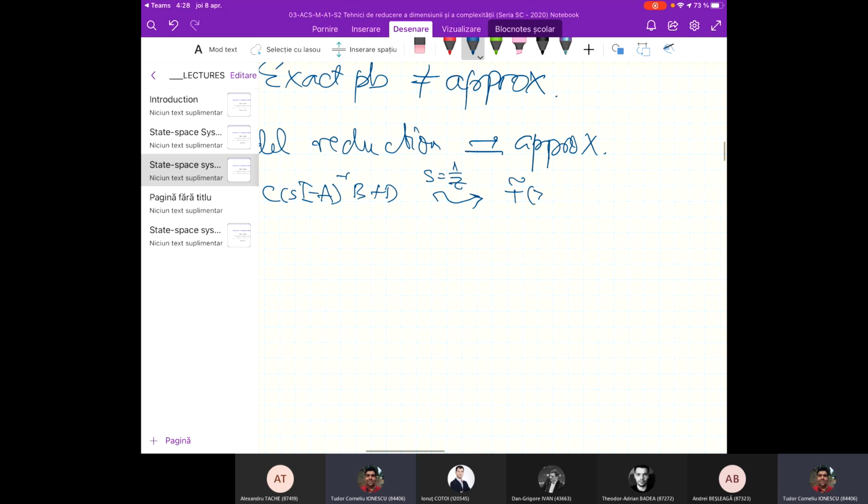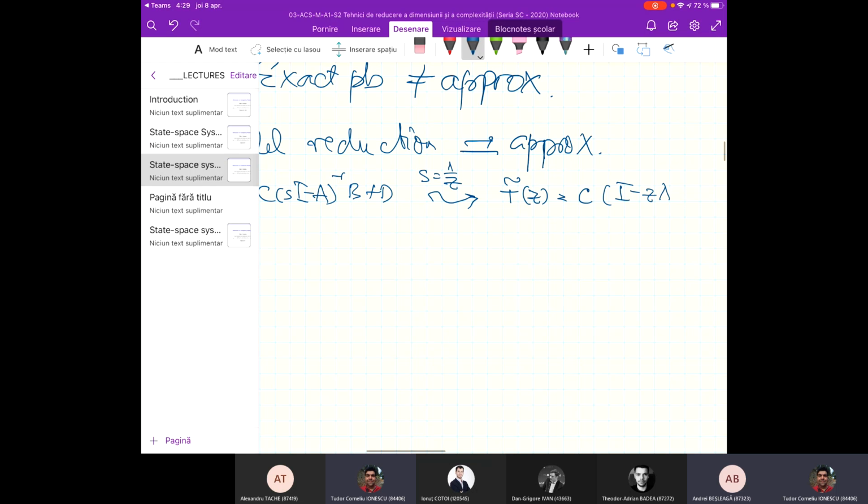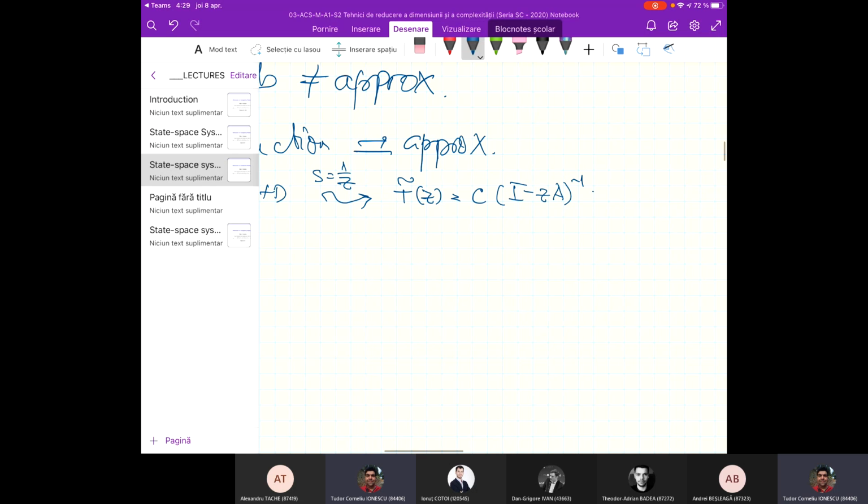And then you get T tilde(z), which is C (I minus zA) inverse, and there has to be another z, so it comes out like this, zB.